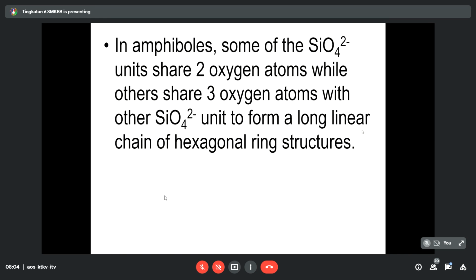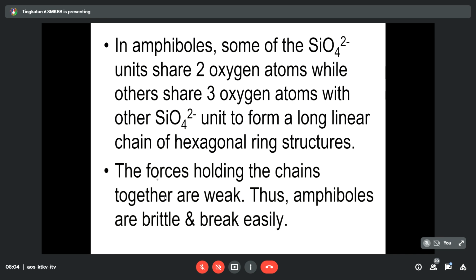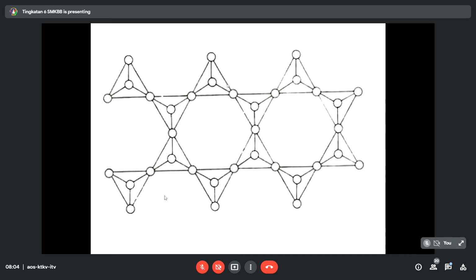To form a long linear chain of hexagonal ring structure. There, so the forces holding the chains together are weak. So amphiboles are brittle and break easily. Okay, this one now. So some sharing 3 oxygen, some only sharing 2 oxygen. Like this one, sharing only 2, isn't it? This one sharing 3.